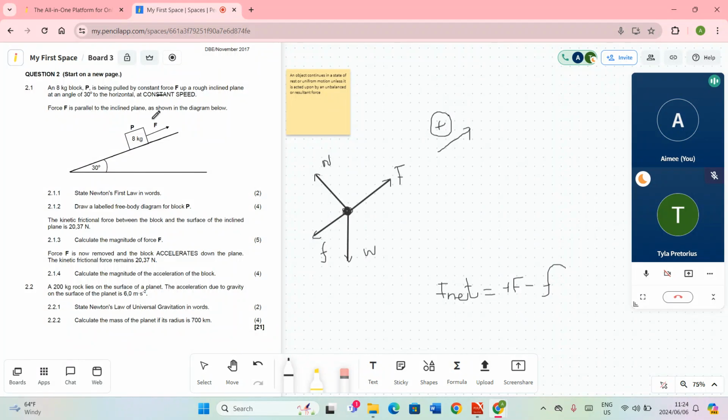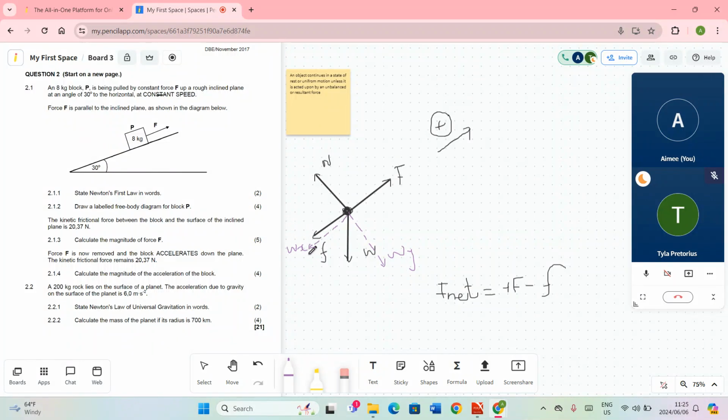And then we're on an inclined plane, which means we need to take into account the components of weight. This is our vertical components, so WY, or perpendicular, and WX, or W parallel.